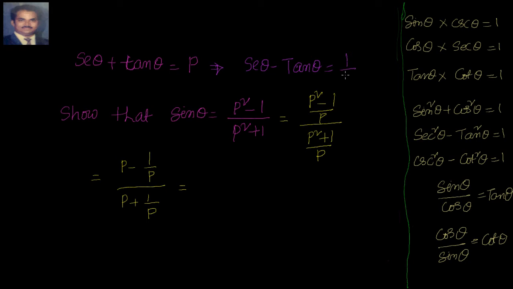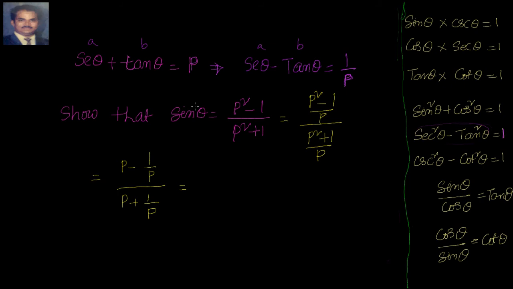Because if you multiply this, say this is A, this is B, A plus B into A minus B is nothing but secant square theta minus tan square theta. If you multiply them, they should be equal to 1. So this becomes P, this should become 1 by P.